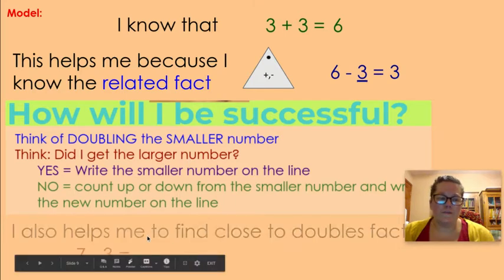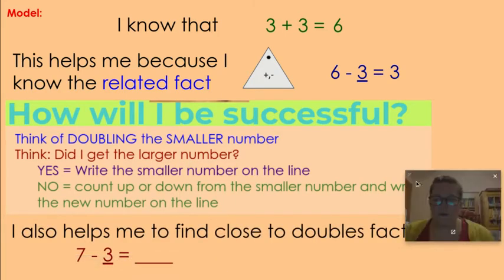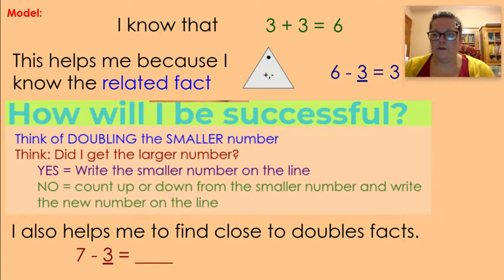So let's take a look at my first problem. Okay, I'm going to scoot my video up here. So you can see down here it says, knowing that 6 minus 3 equals 3 can also help me find a close to doubles fact. So at the bottom you see 7 minus 3, and I've underlined the 3 because it's the smaller number. So my first step in blue to be successful says, think of doubling the smaller number.